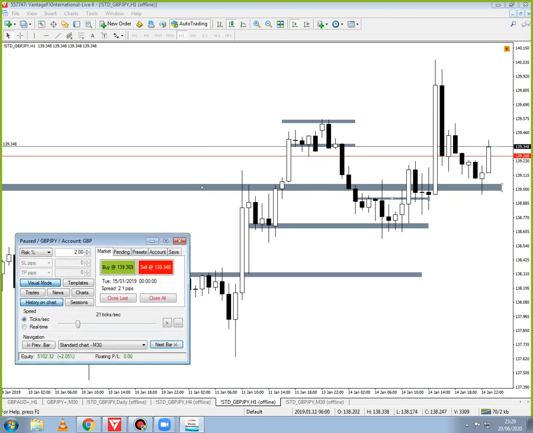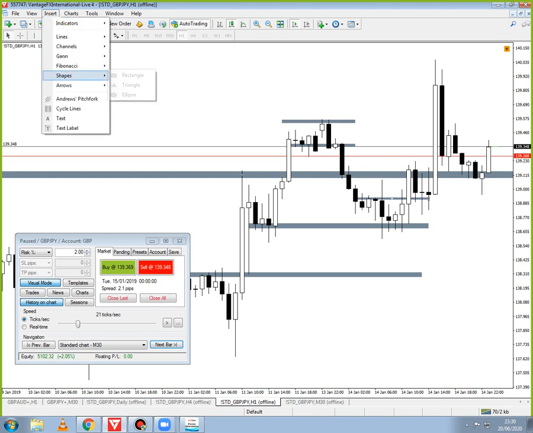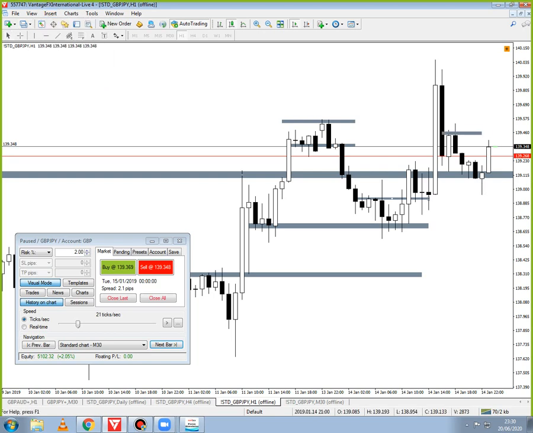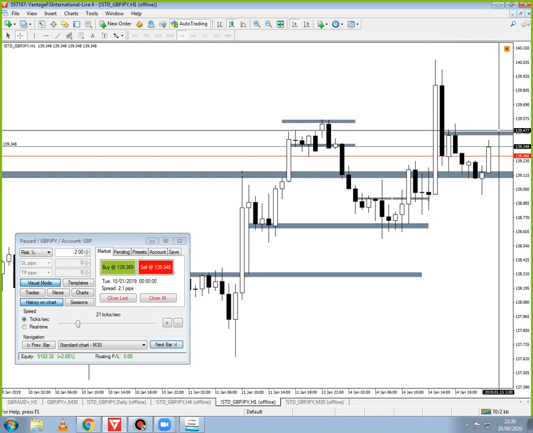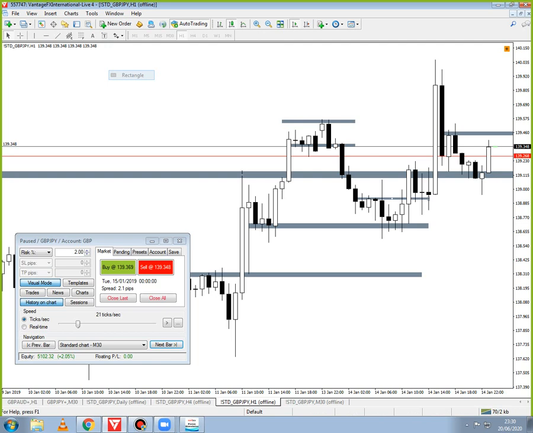Looking at it from the 1 hour, the 1 hour's got this support down over here, and this resistance area over here at 139.460. So I think maybe a break of the 139.450, 460 area, a break above this area to maybe come up and retest that high, like we were saying on the 4 hour.